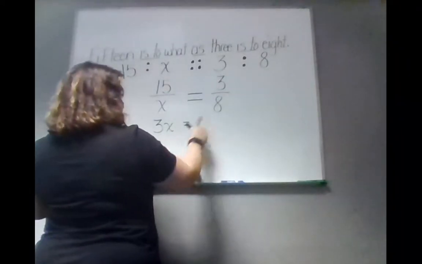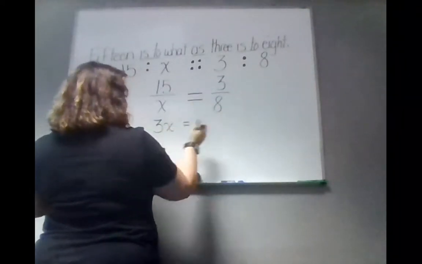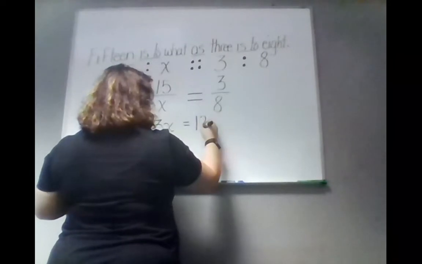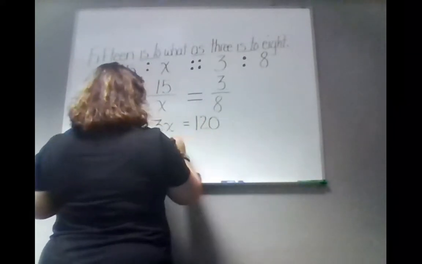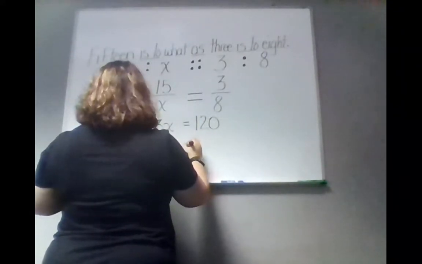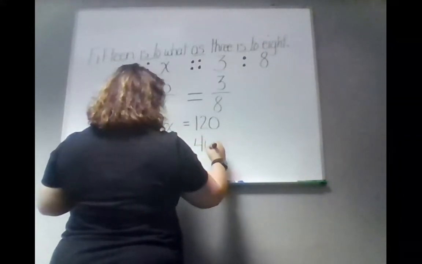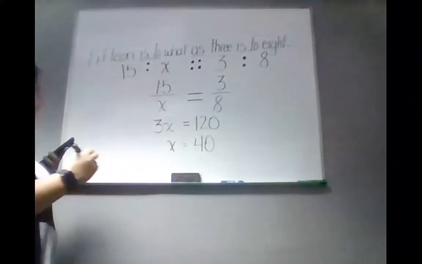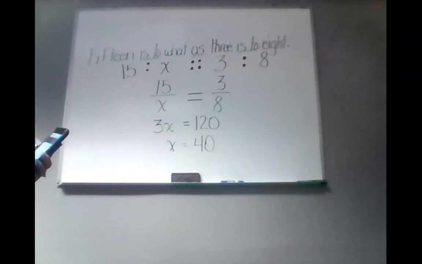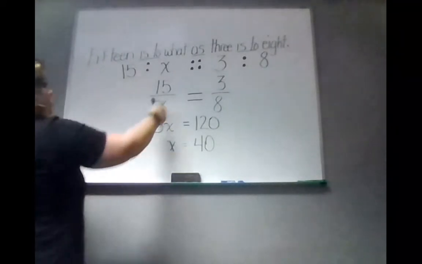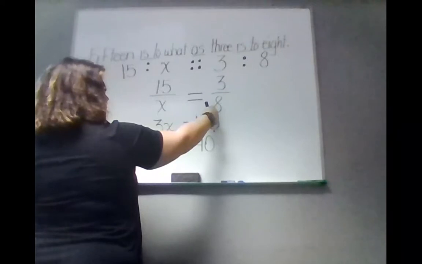So 3x equals, and then 8 times 15 is 120. So x equals 40.